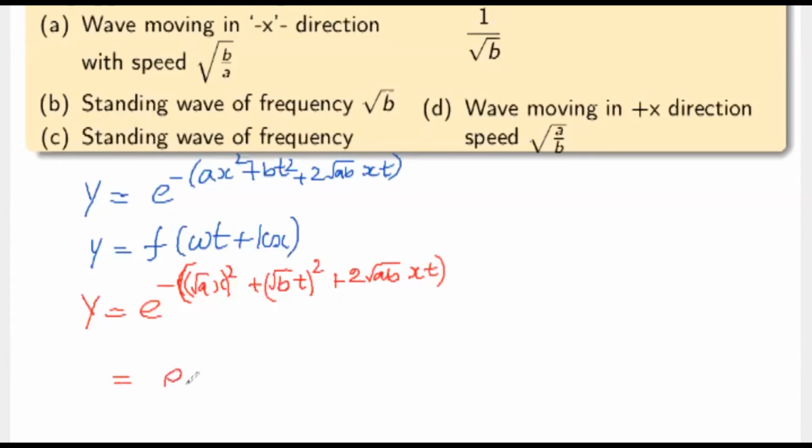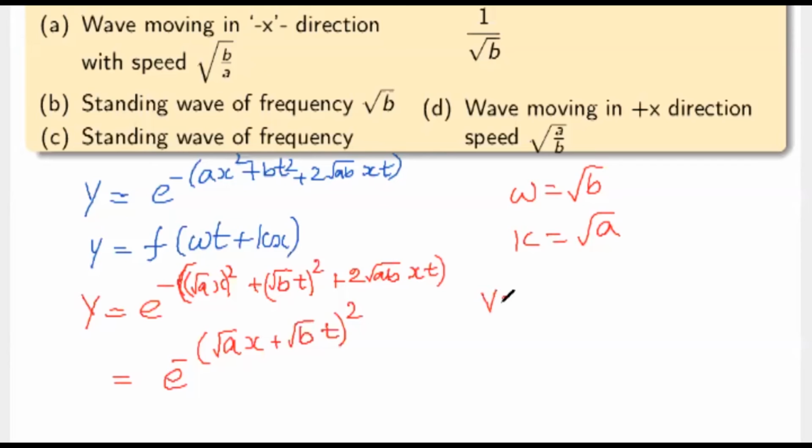So we can write this as e power minus (root a times x plus root b times t) whole square. So now we have the function in the form of omega t plus kx. So what is the value of omega? Omega is root b and k is root a.